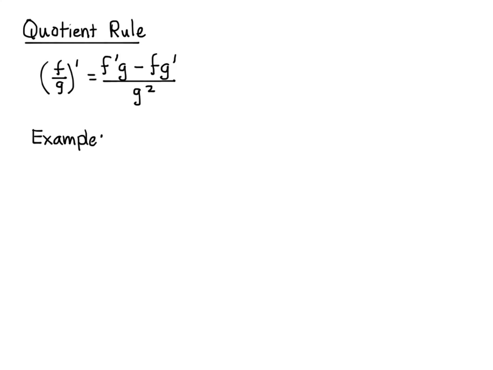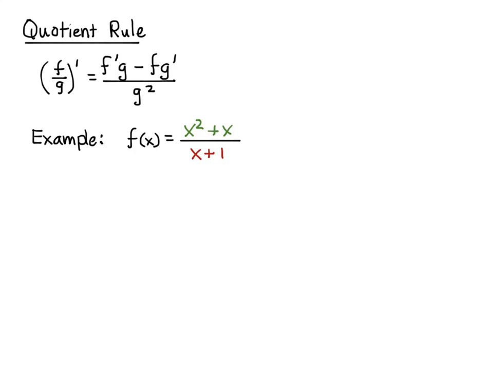So let me run through a few examples. What I'm going to do on this first one is make the numerator green and the denominator red, so you can see what's happening here. I have two functions, and it's not important to assign the functions names.